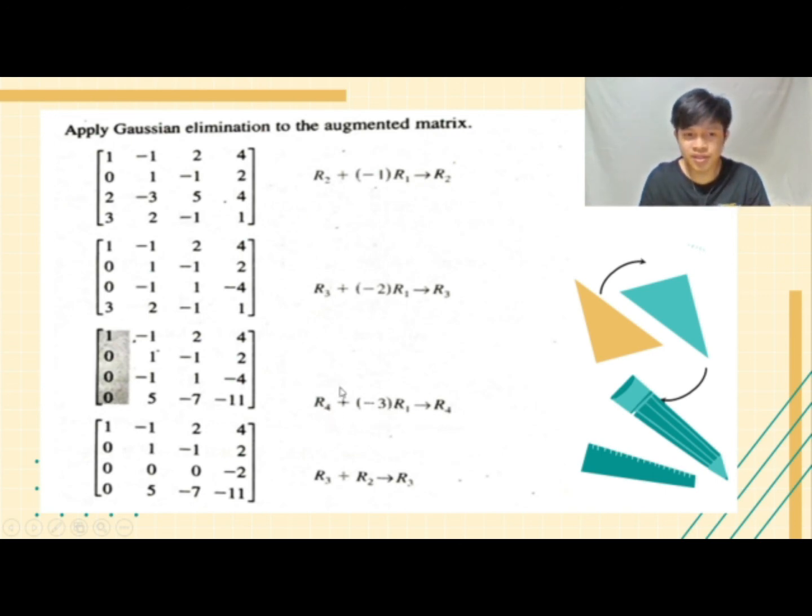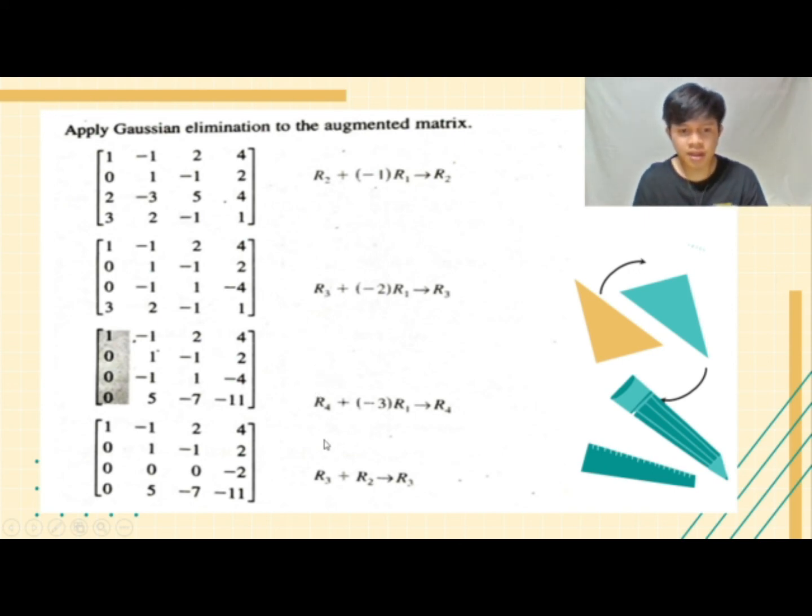So, 1 minus 3 times 1 is equal to 0. 2 minus 3 times negative 1 is equal to 5. Okay? So, negative 1 minus 3 times 2 is equal to negative 7. And the last one is 1 minus 3 times 4 is equal to negative 11. So that's the result of this computation.